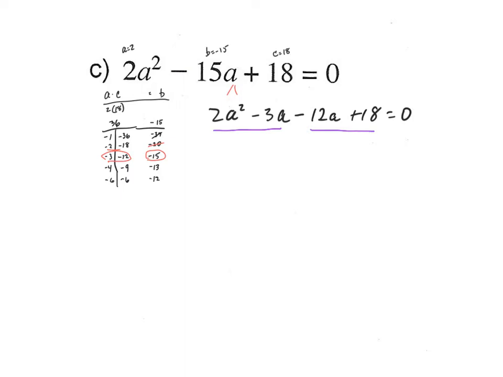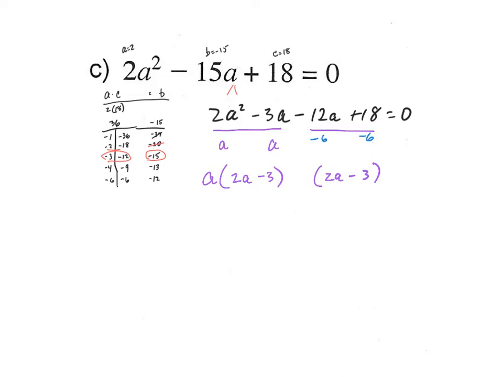So going back again, grouping the first two terms, my greatest common factor is going to be a. So I can factor out a, and I leave behind 2a minus 3. The greatest common factor in my second two terms, well, if I did it right, I'm going to have 2a minus 3. So my greatest common factor there should be, I believe, negative 6.